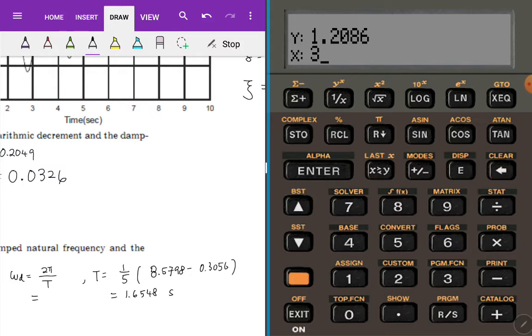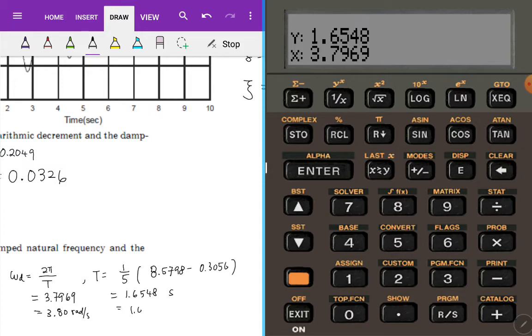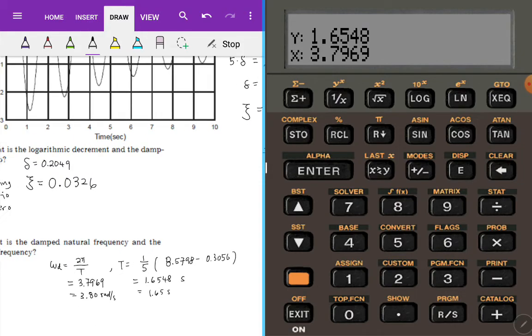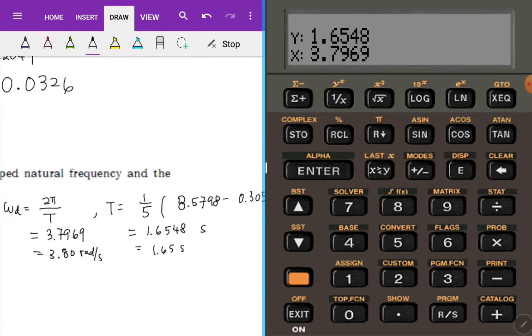I'm going to just put that in as 3.14. Okay, and you multiply. Here it is. So that's 3.7969. Or can we just keep three significant figures? How about 3.80 radians per second? And this is 1.65 seconds.